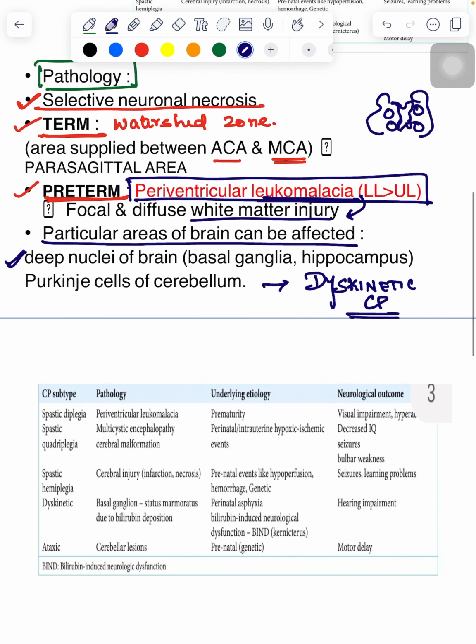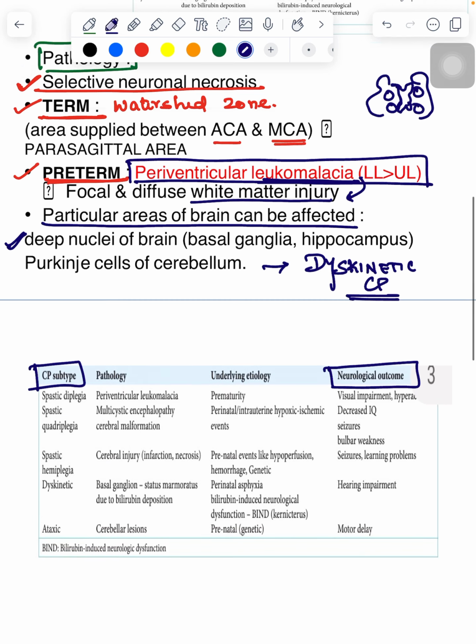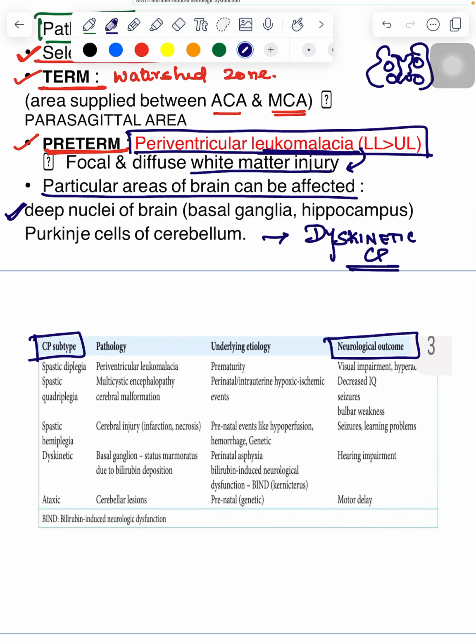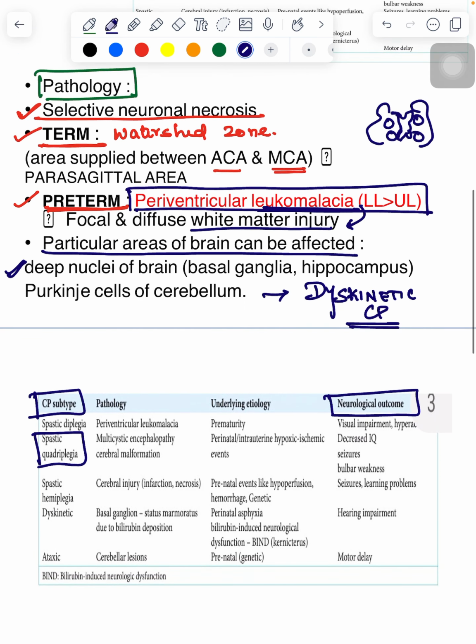Fine. What will be the neurological outcome in a term child, or what can be the type of CP in a child with hypoxic ischemic encephalopathy based upon its pathology? We will see that here.